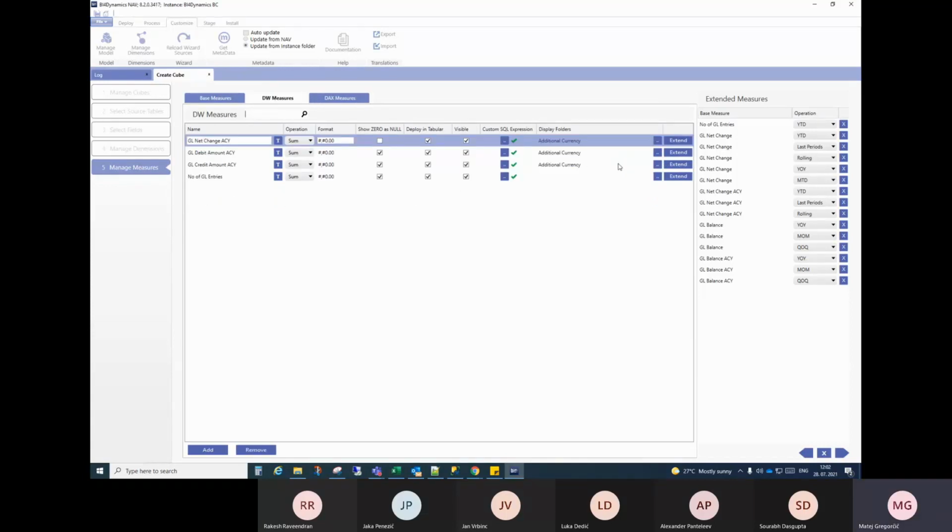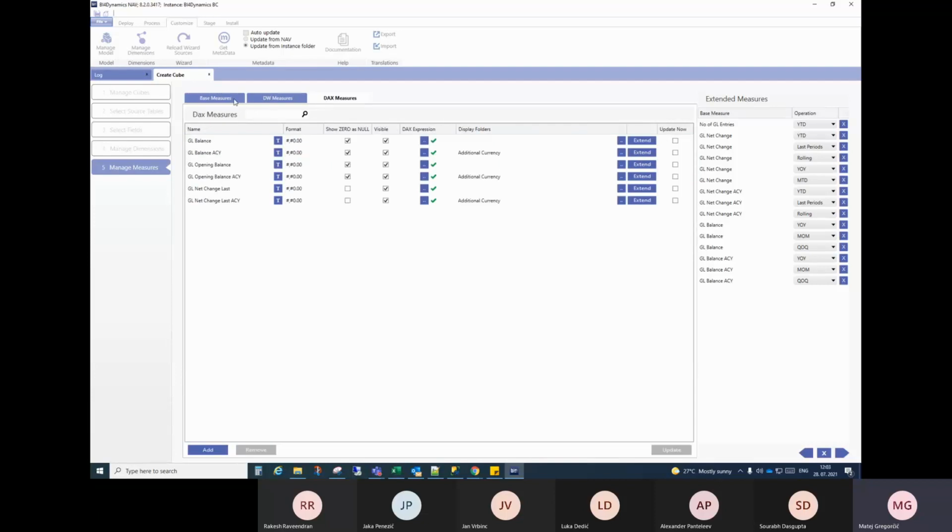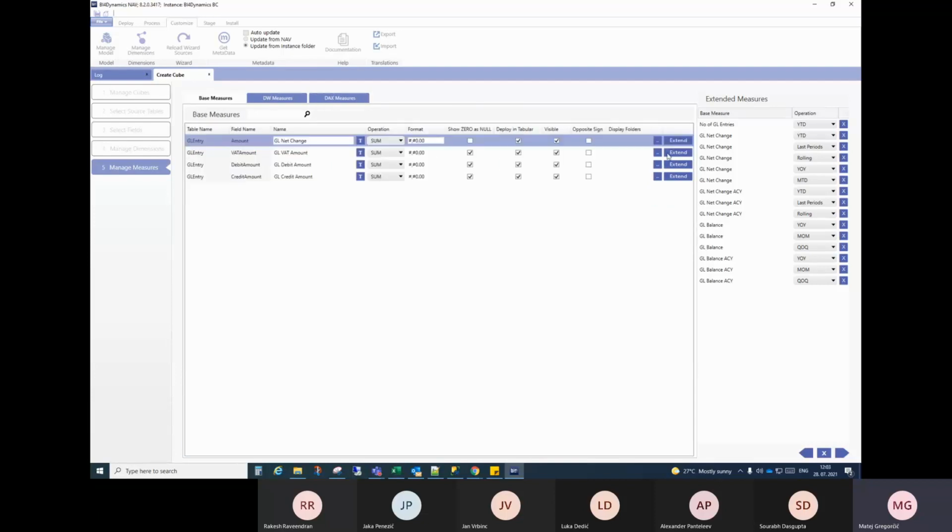That's it. So the last thing about the measures that I wanted to talk about in this hour, after this we'll take a little break, is the extended measures. It doesn't matter which measure it is here, you can always extend it. And what does it mean?